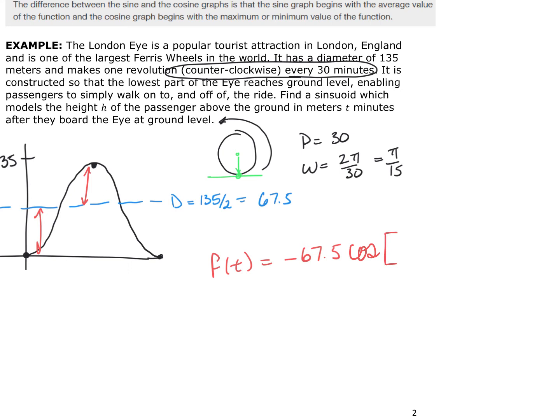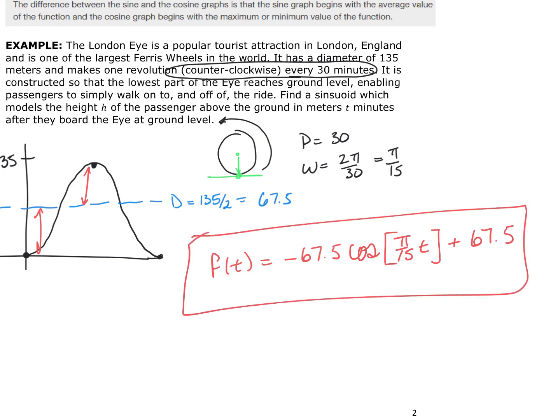I like to make this as easy as possible. So pi over 15 times t, and then plus the midline change, which is 67.5. I can use sine, but I just don't want to.